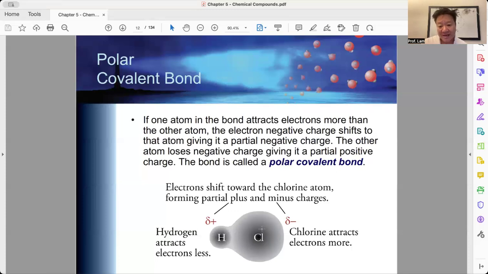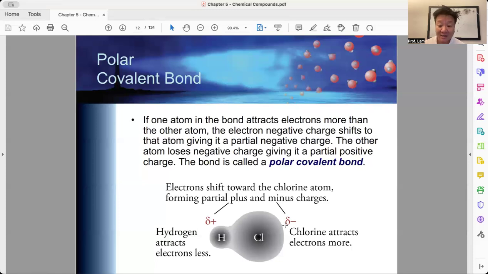And so the chlorine is going to have more electron density towards it than the hydrogen. And so we say that the chlorine is delta minus. Delta means partial. So it's not that the chlorine is negatively charged, but it is partially negative because the electron density lies more on the chlorine than it does on the hydrogen. And so now what we have is a polar covalent bond because they don't share equally.